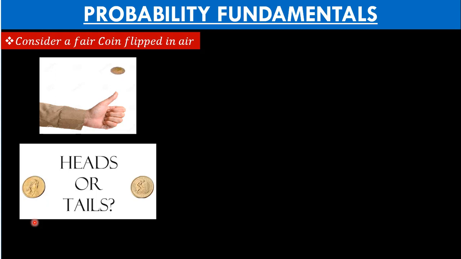And the probability for this event will be equal to the favorable outcomes, which is 1, only the occurrence of head, over the total number of possible outcomes, which are 2. So the probability of occurrence of head is equal to 1 over 2. Students, this is a simple event and it is very easy to calculate.